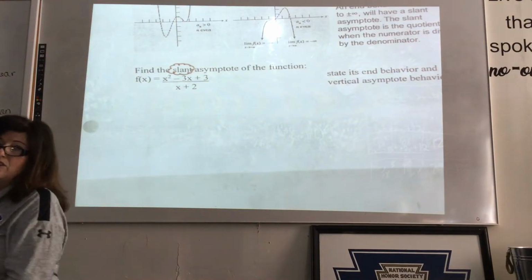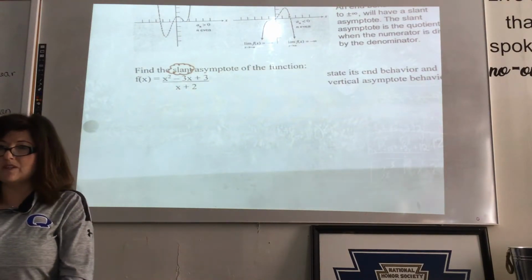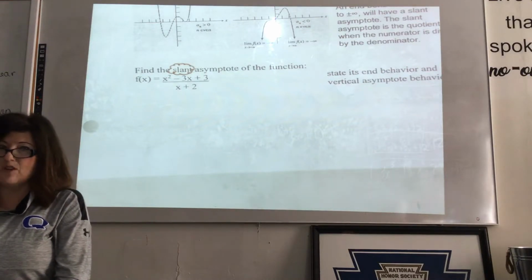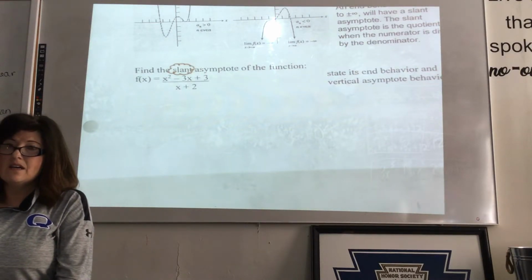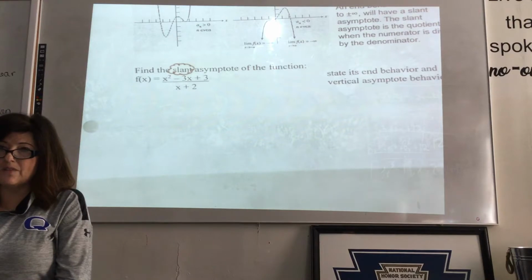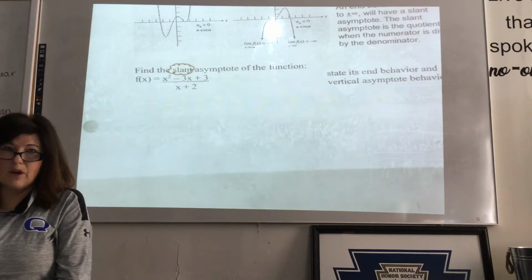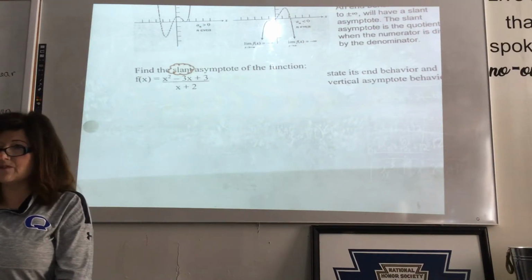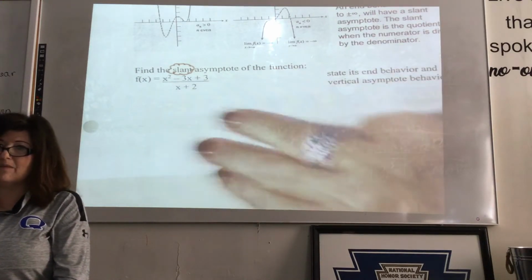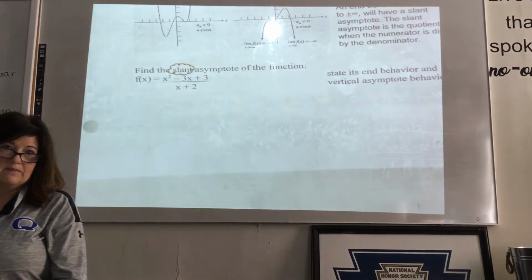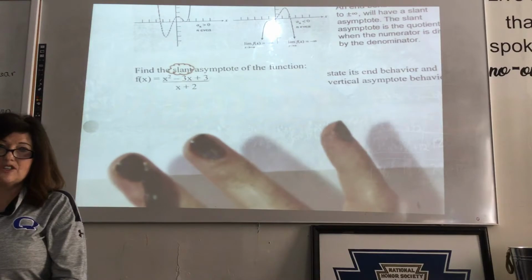First thing you need to understand is that what we did with the transformations, how we had to have the numerator in standard form, and then we used synthetic division, and then we rewrote the answer. Those first 3 steps are exactly what we're going to be doing on the slant asymptote as well. Nothing is going to change on that.